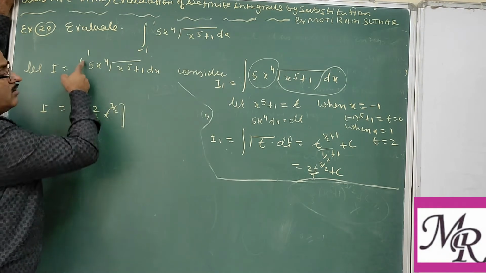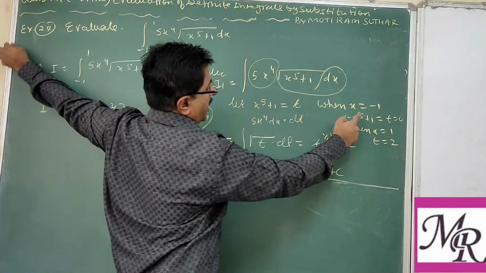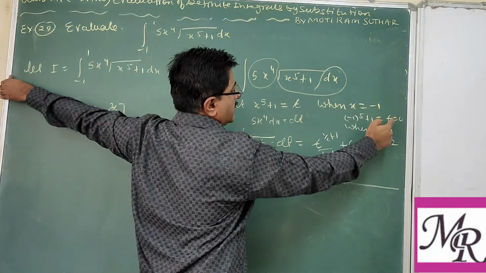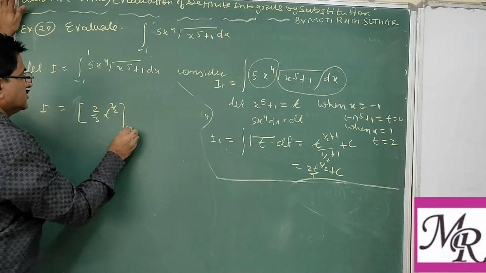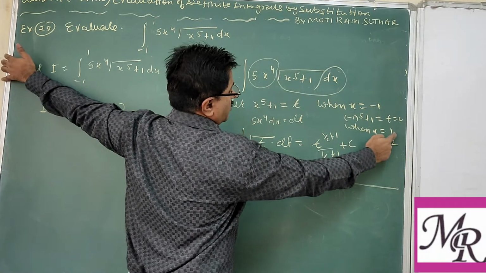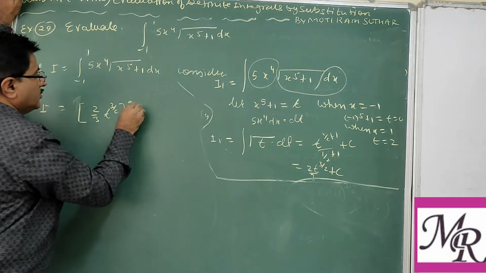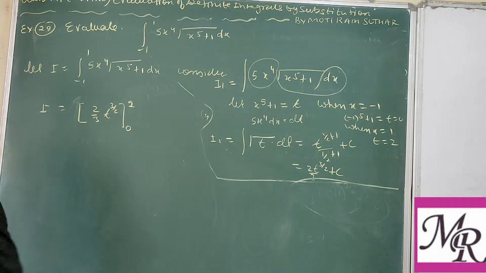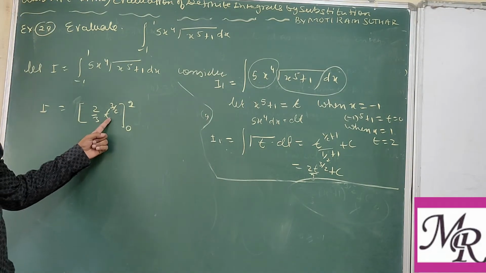The limit is now according to the new variable. When x equal to minus 1, t will be 0. Minus 1 converts into 0. Then x equal to 1, t equal to 2. So this is the new limit according to the new variable.